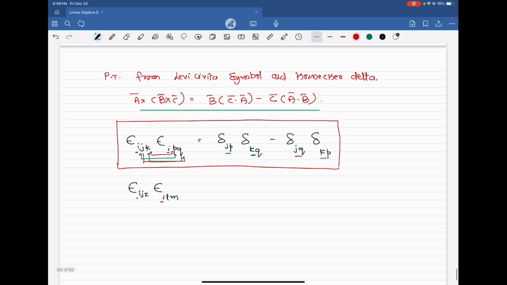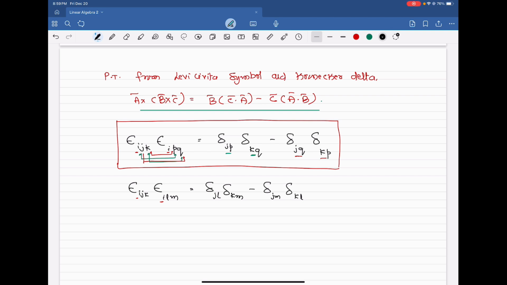This is equal to delta JL, instead of P it is L, that's all, delta KM minus delta JM delta KL.